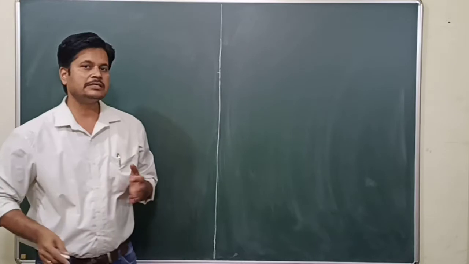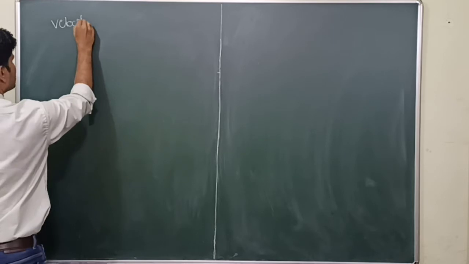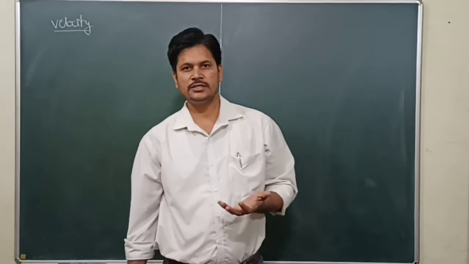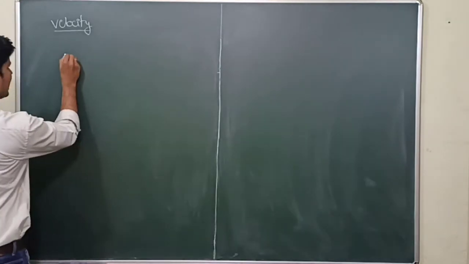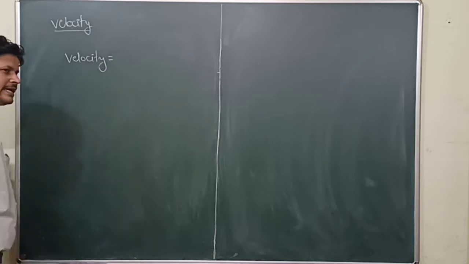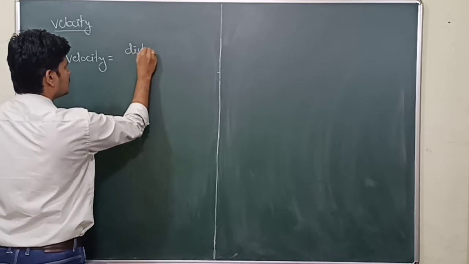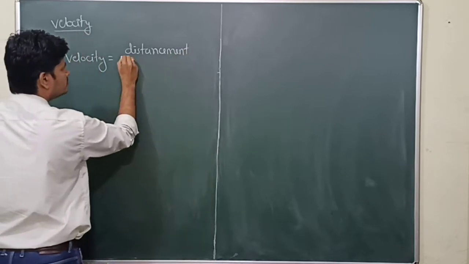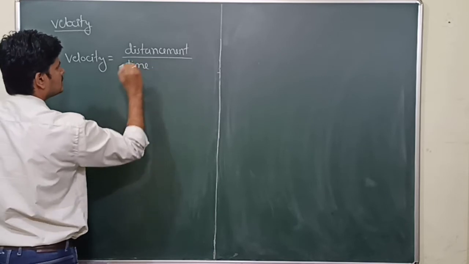The next term is velocity. Speed is different, velocity is different. Velocity is defined as the ratio of displacement of an object to the corresponding time.